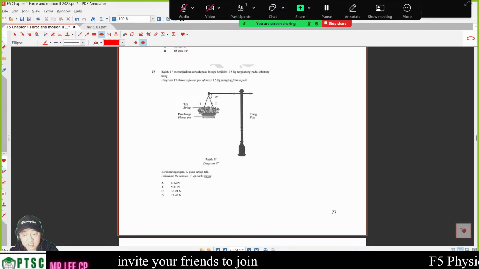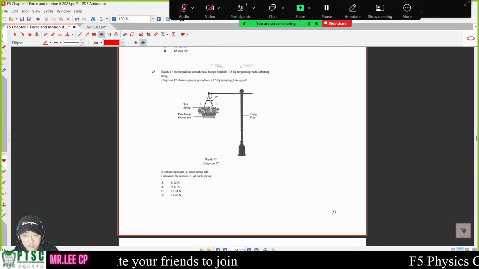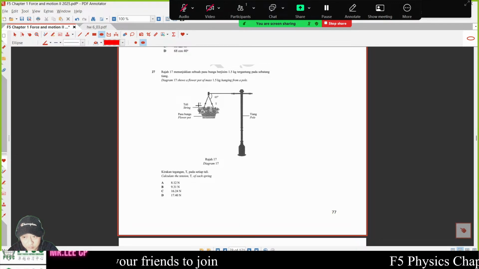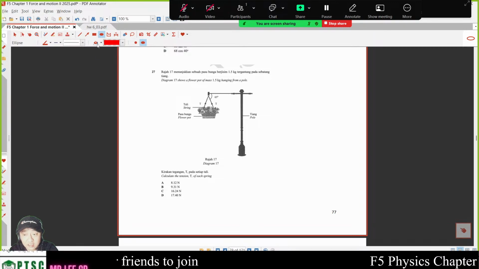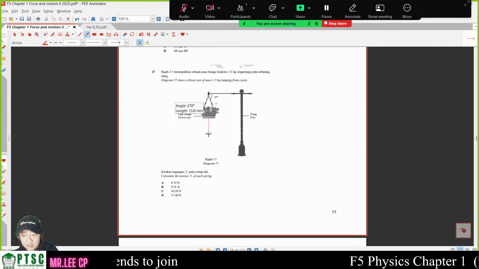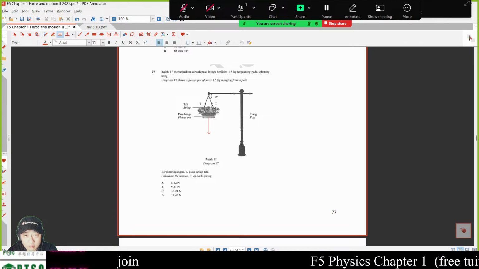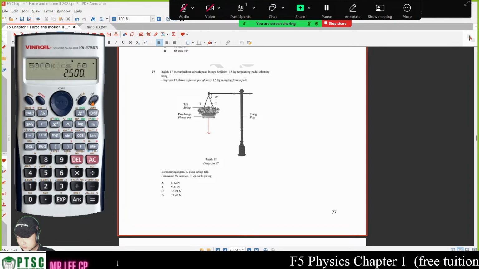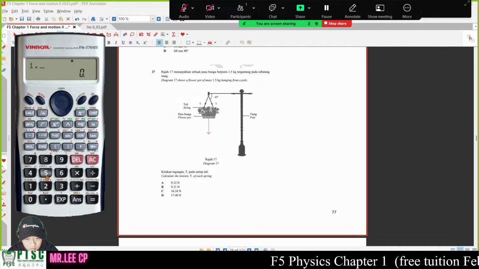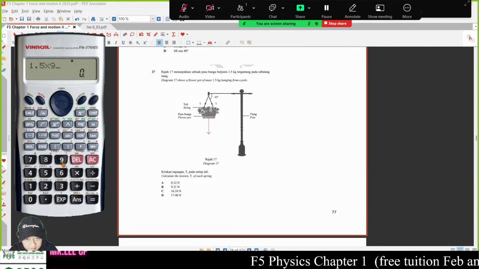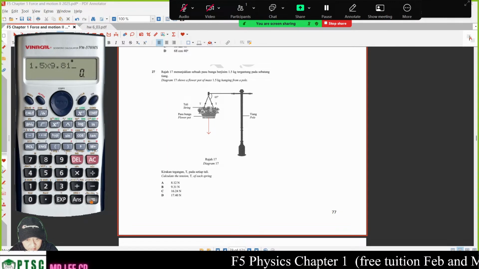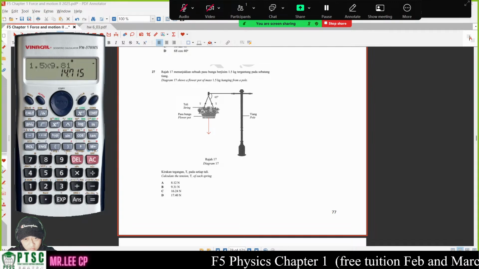Calculate the tension of each rope. So these two are the same. The tension will be the same because they are T and T. So the force going down is called weight, 1.5 kg. 1.5 times 9.81, sorry, so it is 14.715.